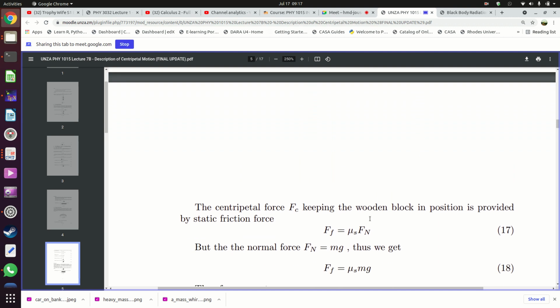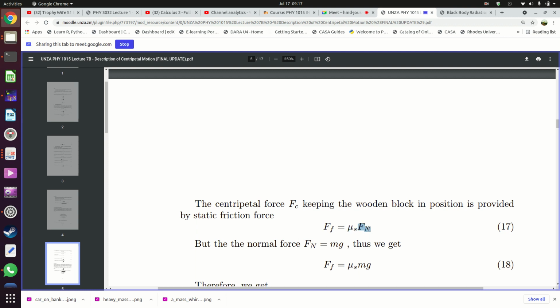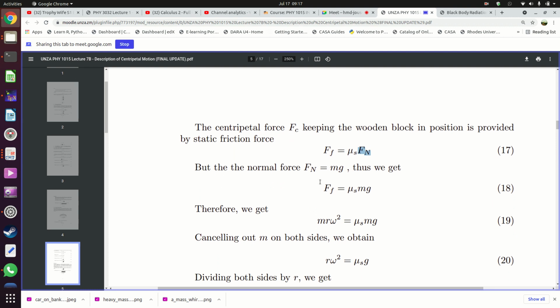Since the centripetal force is being provided by the static friction, because the block doesn't move, the friction force is equal to the coefficient of friction multiplied by the normal force. The normal force is equal to the weight of the cube, so the normal force is mg.